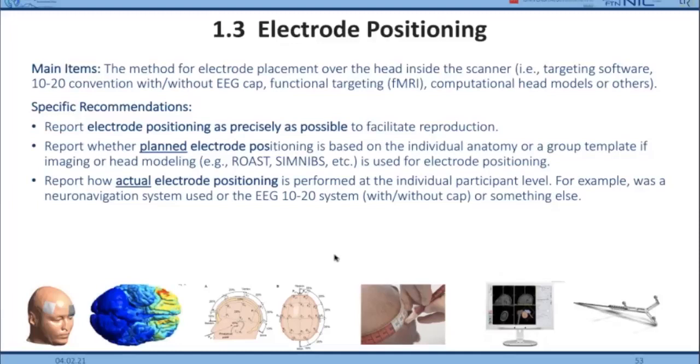So you might then want to use a neuronavigation system if you're not focusing on the EEG 10-20 with or without a cap, or something else like using your TMS coil to find the motor hotspot and then marking it on the scalp. So in any case, it should be reported how specifically those electrode positions have been found on the head.